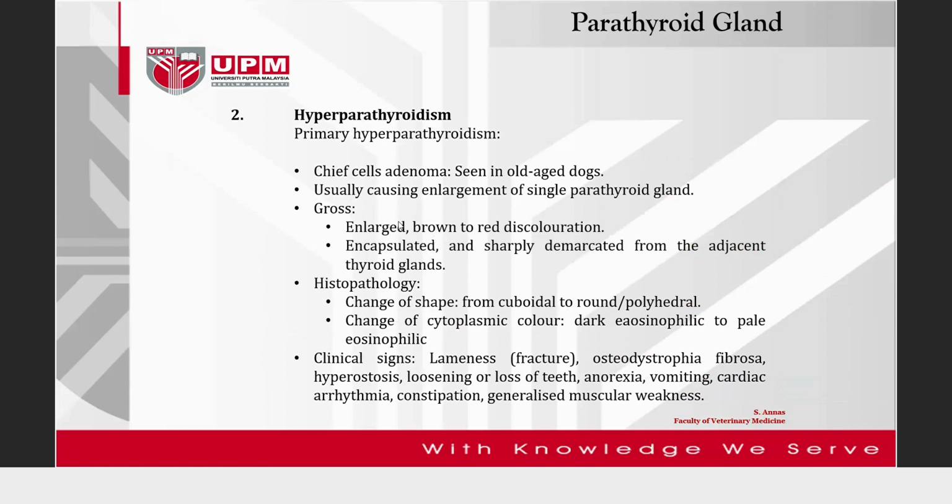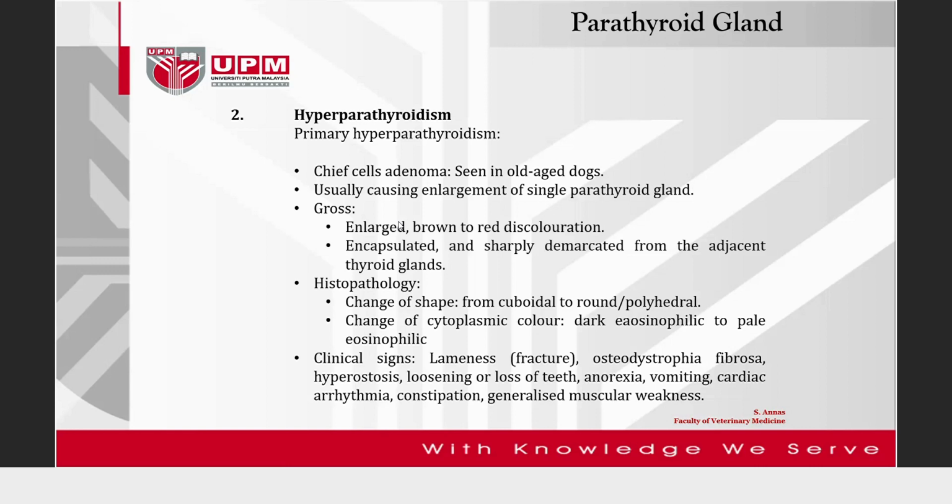All right. So adenoma of the chief cells is a common cause of primary hyperparathyroidism. This usually affects only a single parathyroid gland, where grossly it appears enlarged, brown, and encapsulated.